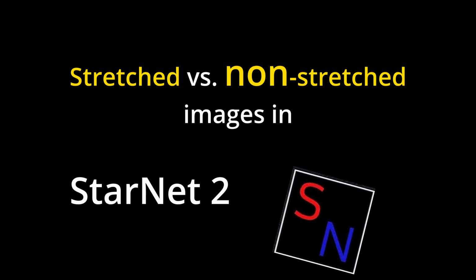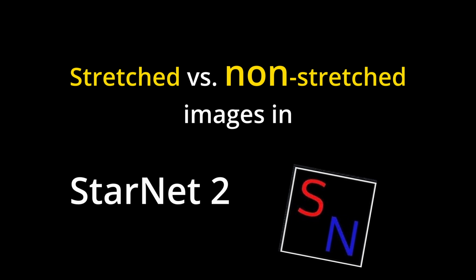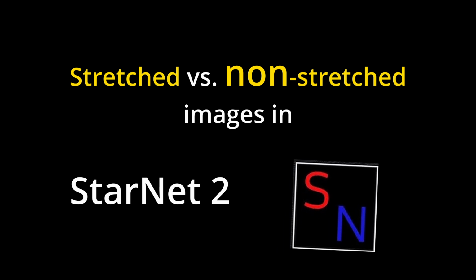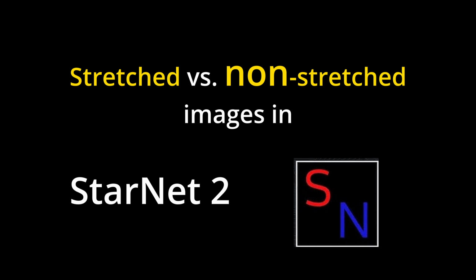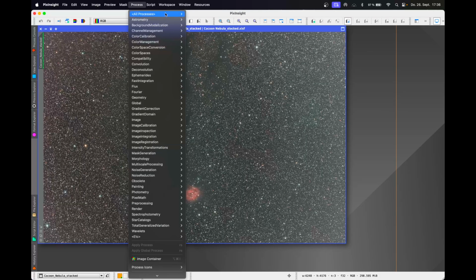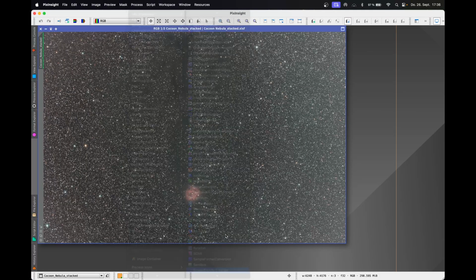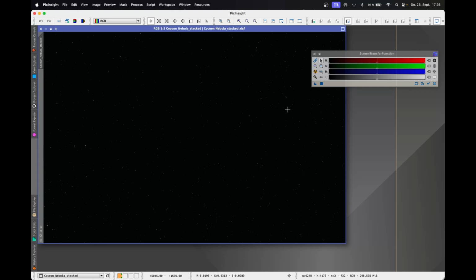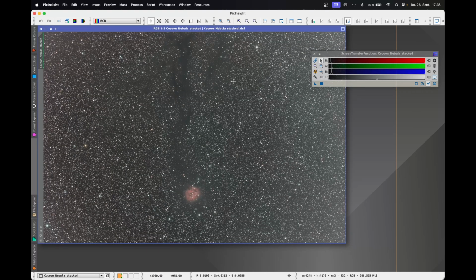If you don't know how to stretch your image in PixInsight, I will now shortly show you how to do this in an unbiased way using the Screen Transfer Function. How to stretch an image using the Screen Transfer Function in PixInsight. Just open the Screen Transfer Function. Reset the stretch preview and apply the nuke symbol here to have a preview of a stretched image.